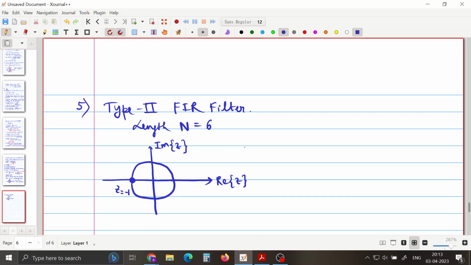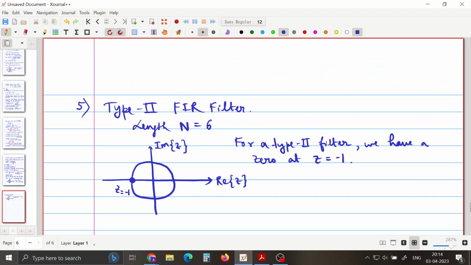A direct consequence of this is, for a type 2 filter, we have a zero at z equals minus 1. In case you are not familiar with this concept, you can go and watch the recorded videos.